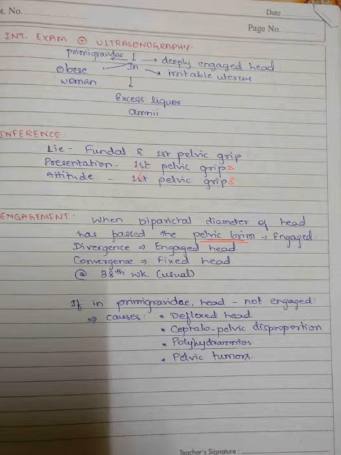In primigravida the engagement occurs by 38 weeks, though this is not always corroborated in clinical practice. This is usual only in primigravida cases, but in other patients, in the majority of cases, engagement occurs between 38 to 42 weeks, that is at term pregnancy, or it might even be in the first stage of labor.